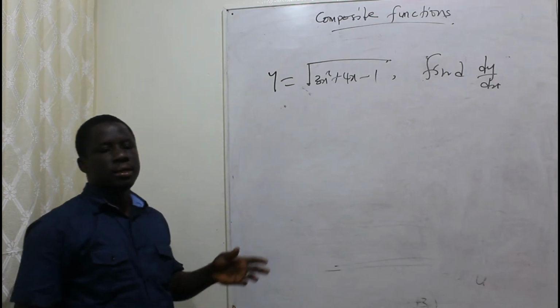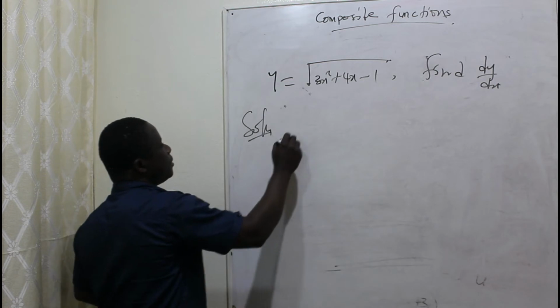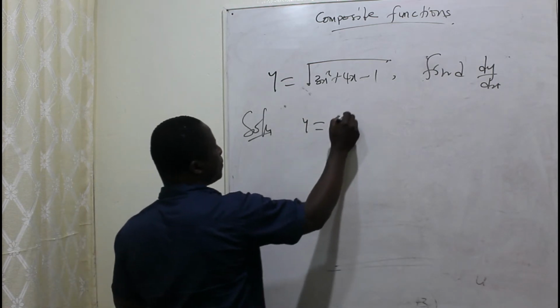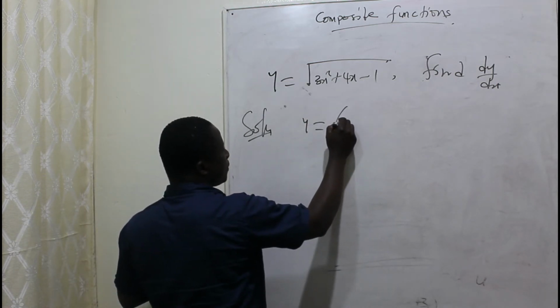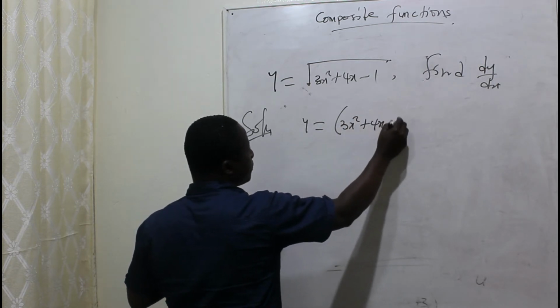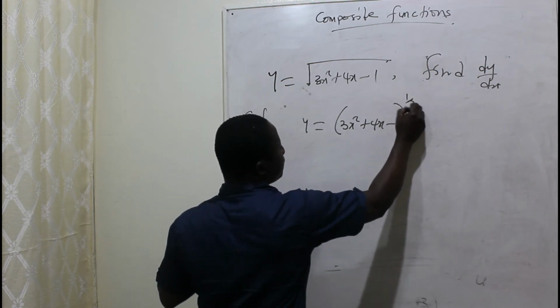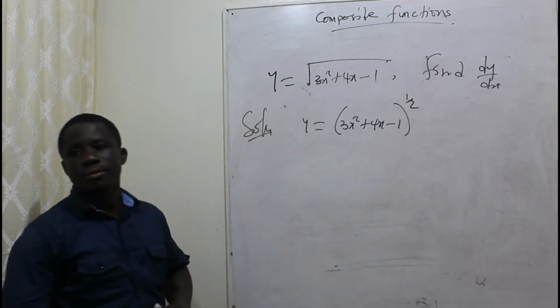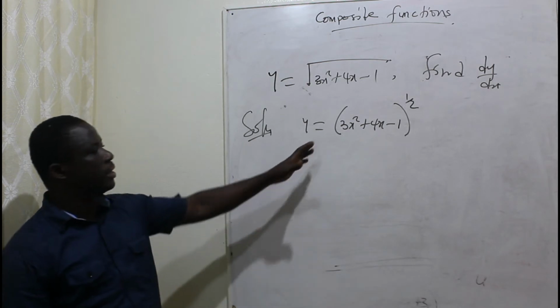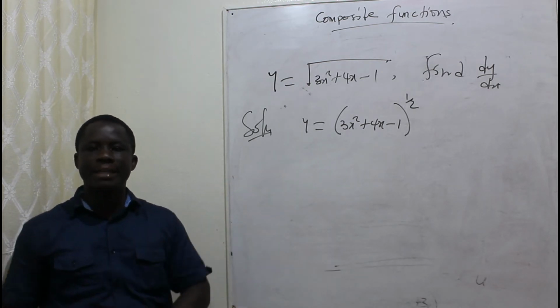We can rewrite this function. Solution: y is now equal to (3x squared + 4x - 1) exponent half. So when it is written this way, it becomes a function of a function.